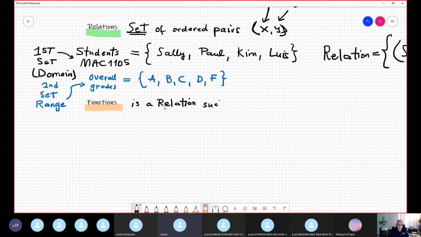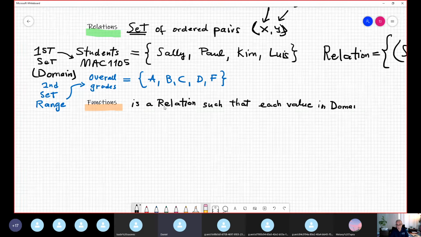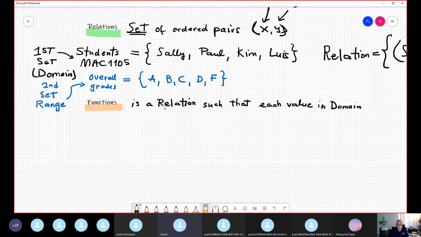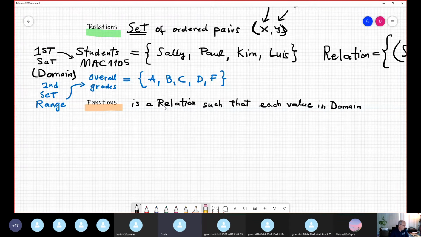Such that each value in the domain, remember domain is the name of the first set que you declared, so it's two sets, pero it's important the order, domain onto the range. Entonces you need to declare which set is domain and the other set is not domain, is range.